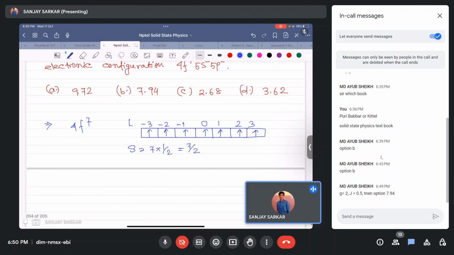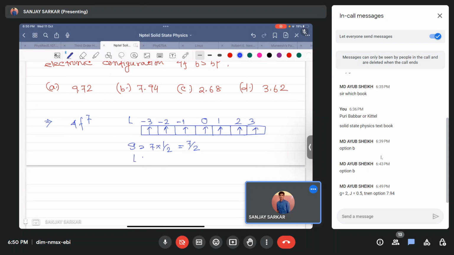Since the orbital is exactly half filled, L is equal to 0, and J will be L plus S, which means it is also 7 by 2. So J is not 0.5, J is 7 by 2.